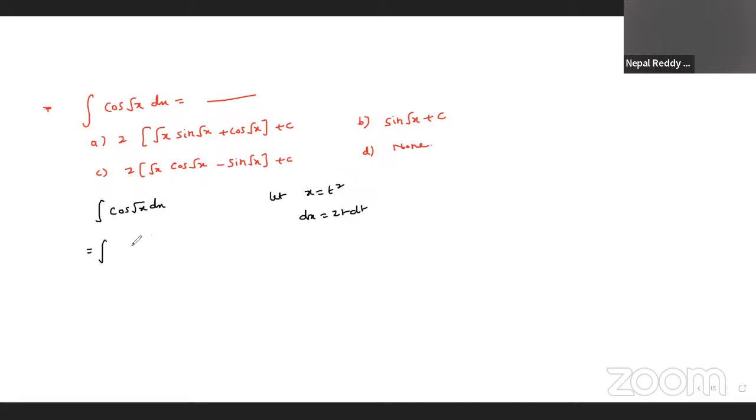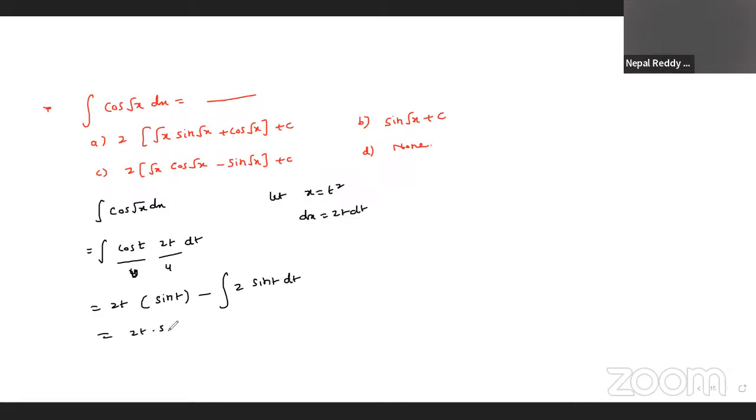So here you will get integration of cos of root over x, nothing but root over t square, that is t, and dx becomes 2t dt. Now you have to apply the uv rule. By using ILATE, first function u, next function v here. U integral v dx is integration of cos t, sin t, minus integration of the differentiation of u into the integration of cos, sin t dt.